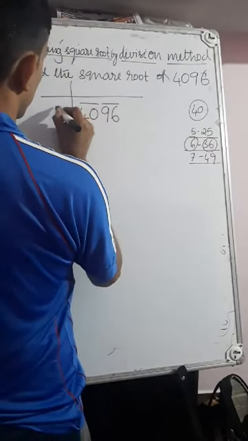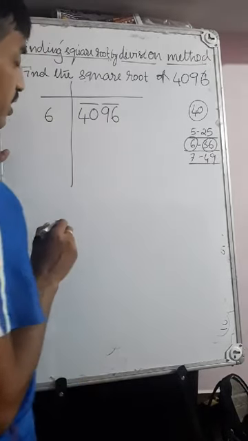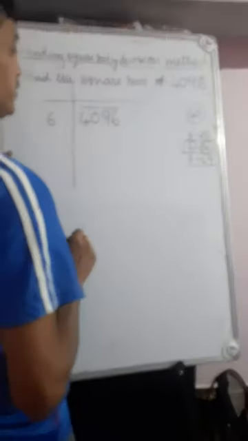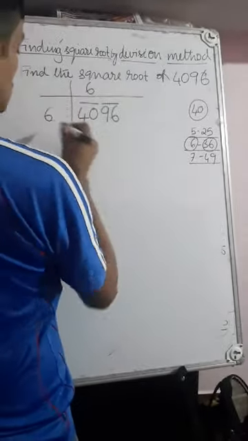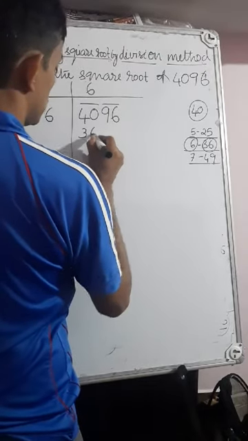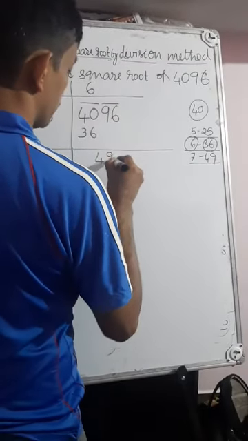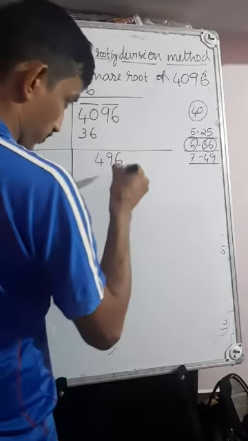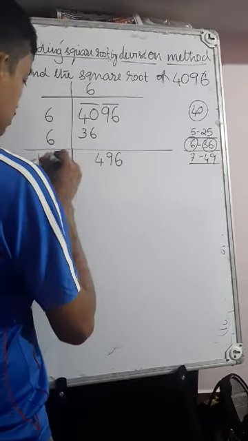So here, in the divisor place, I take 6, and in the quotient also I take 6. 6 into 6, 36. Now the remainder is 4, and I brought the second group 96 down. So double this, 6, 6, 12.